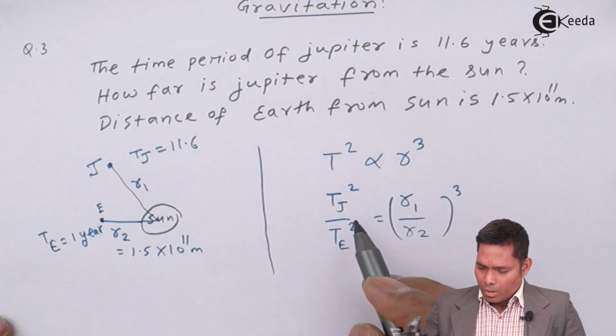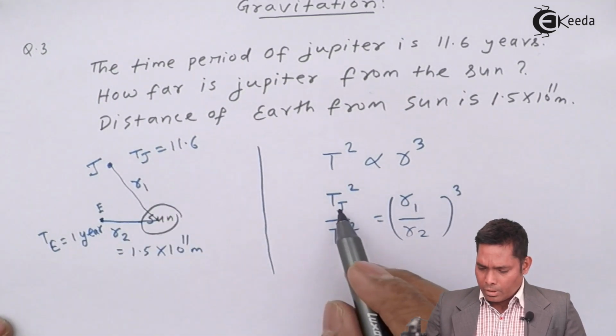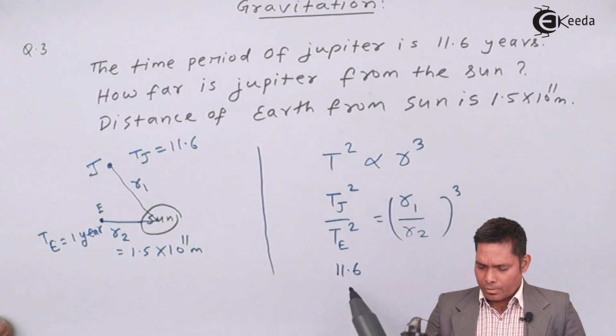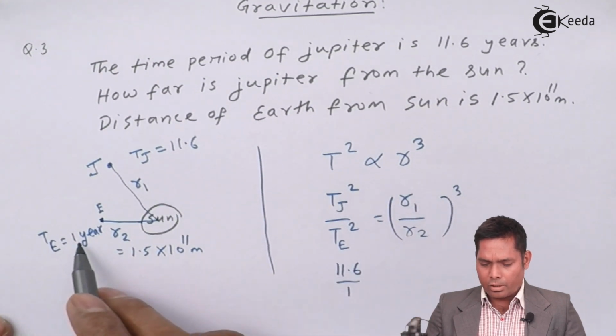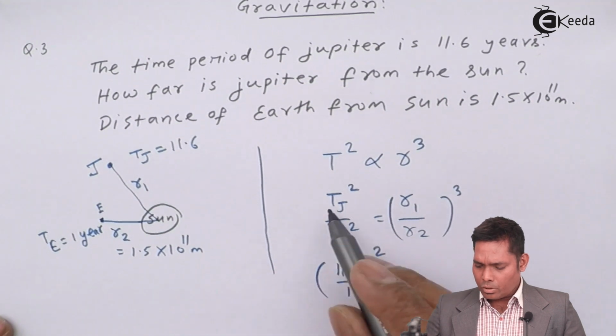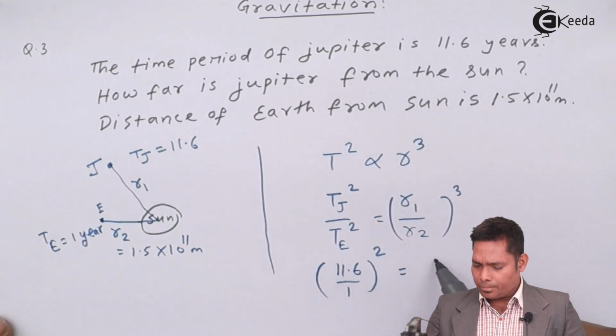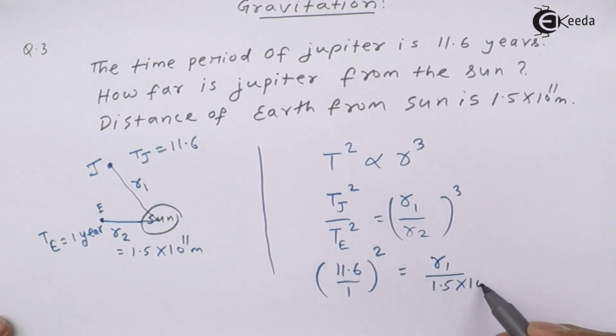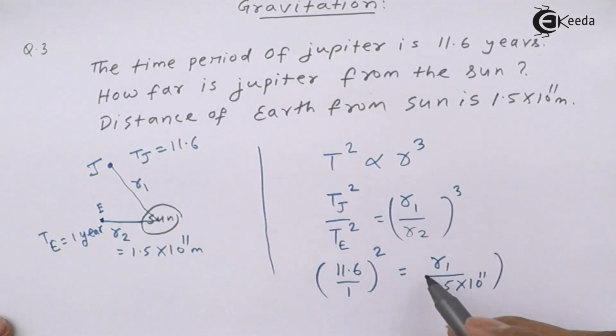If I put the values here, then T_J is 11.6 divided by 1, because for Earth it is 1, squared on both sides, equals R1, which I have to calculate, divided by R2, which is 1.5 × 10^11, cubed.